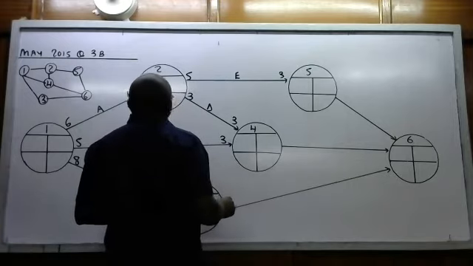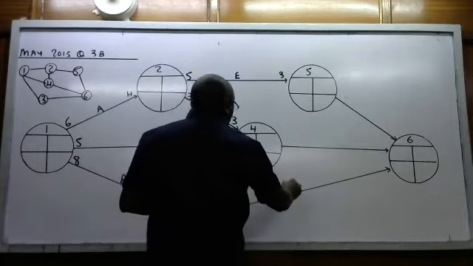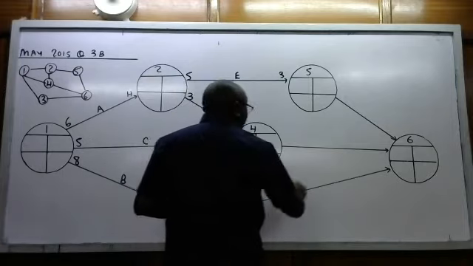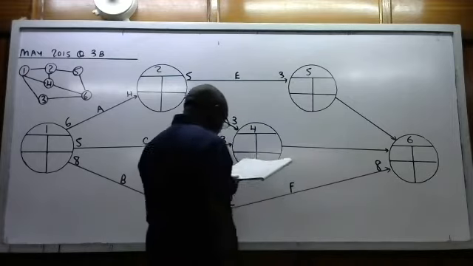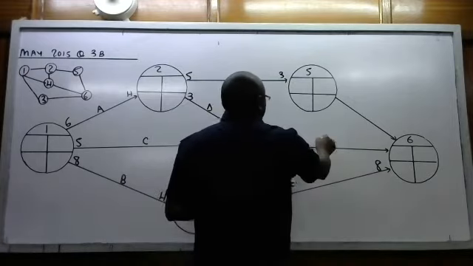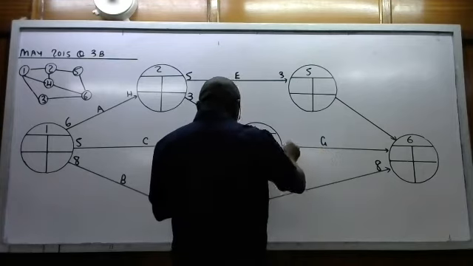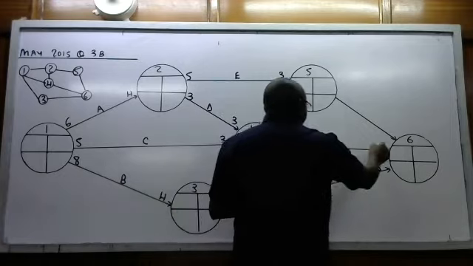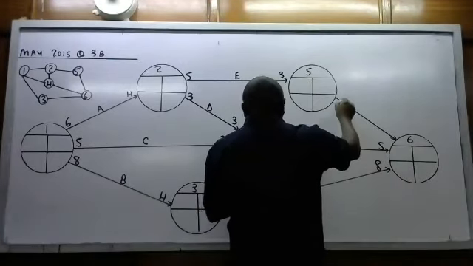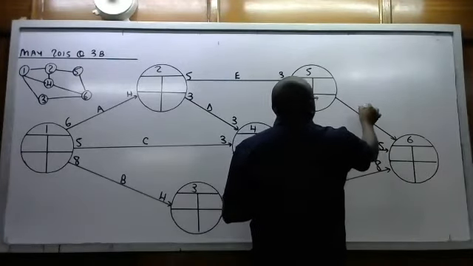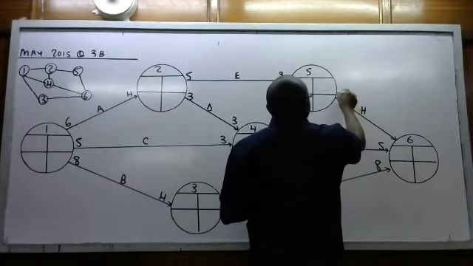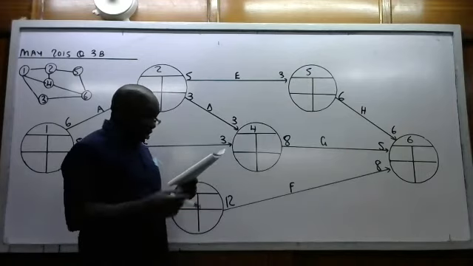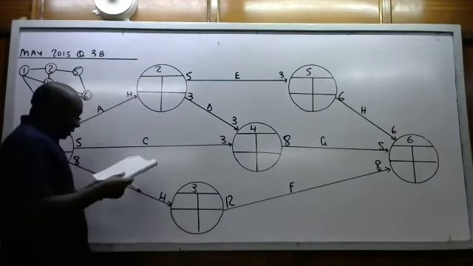3 to 6, I will call it F, and the times are 12 and 8. 4 to 6, I will call it G, and the times are 8, 5, and 5 to 6, I will call it H, and the times are 6, 6. I can as well record the slopes in thousands.